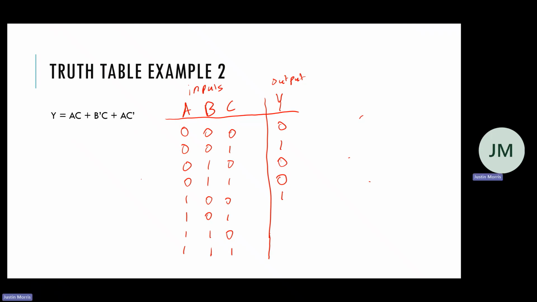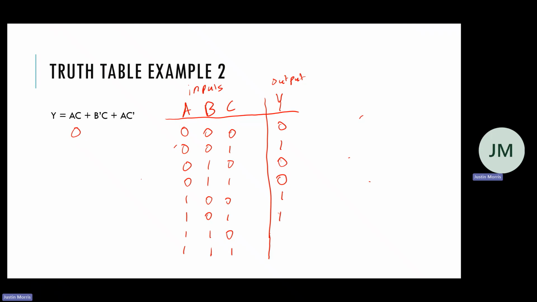Okay, again, AC. B-not C. Yes. AC-not. 0, 1 or 1 or 0. Okay, again, AC for the next one.